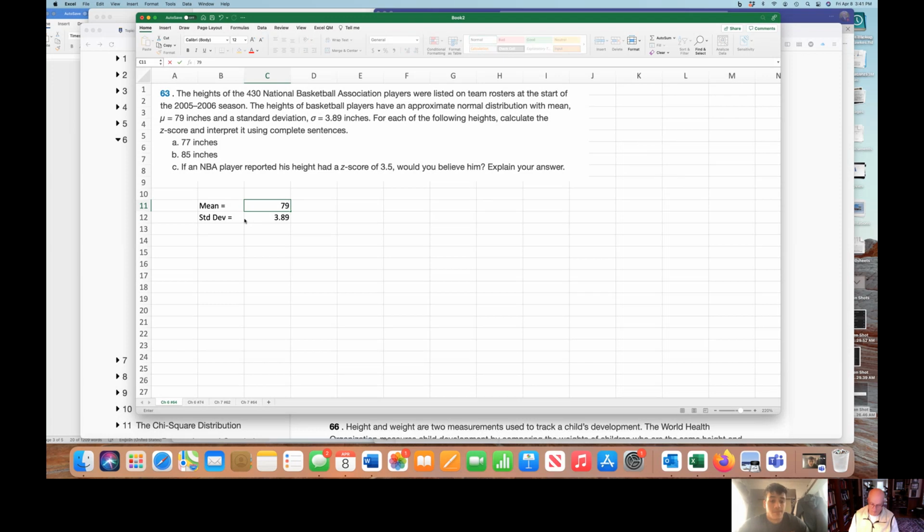79. Okay, so this is inches. I don't have to do this, but I'm going to do it anyway. Why? Because I want to. In feet, it is, let's see, I think that's 6 feet 7 inches.